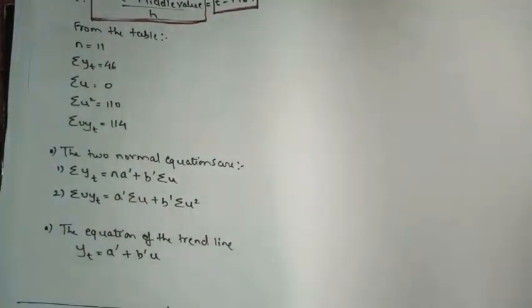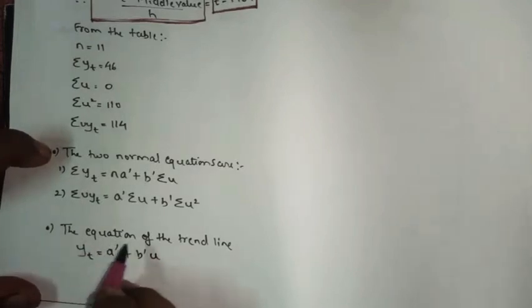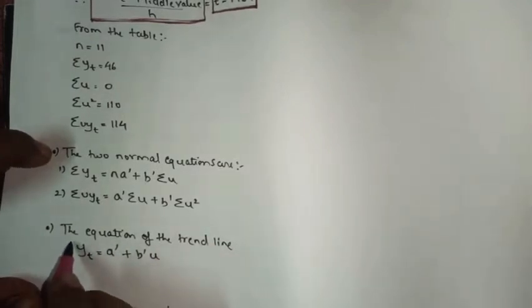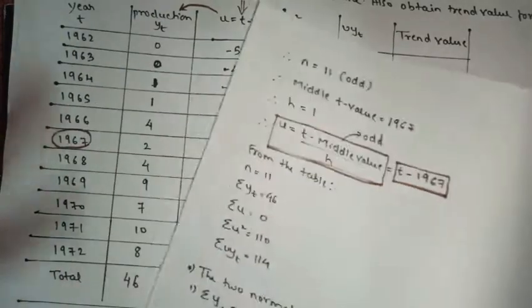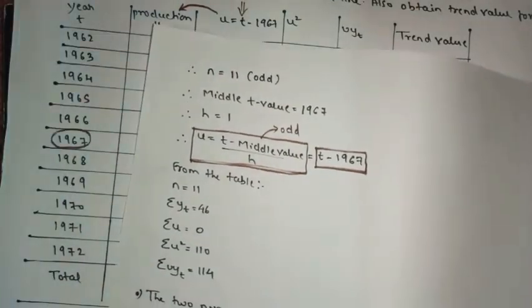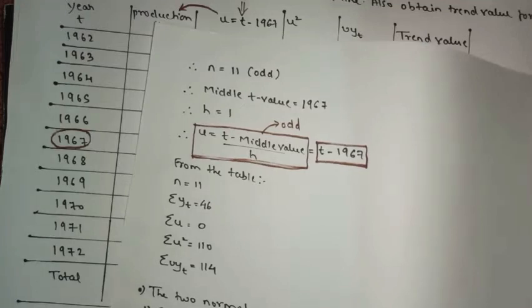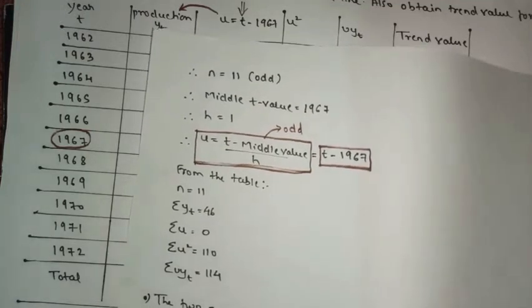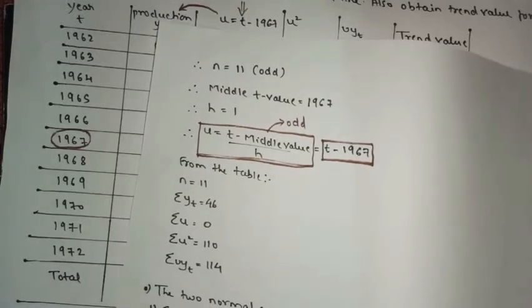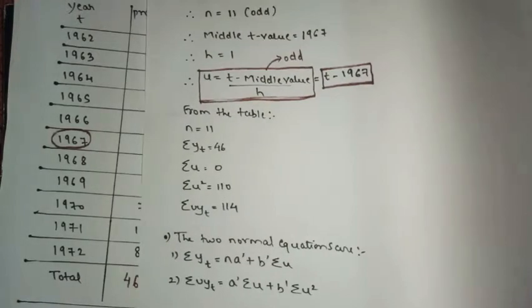Okay, so now we'll see what the formula is. The equation of the trend line is given as yt. So here yt is the production part. Yes or no? Basically we say that it is the production part. Here what is the formula? Listen here, the equation of the trend line is yt equals a dash plus b dash u.